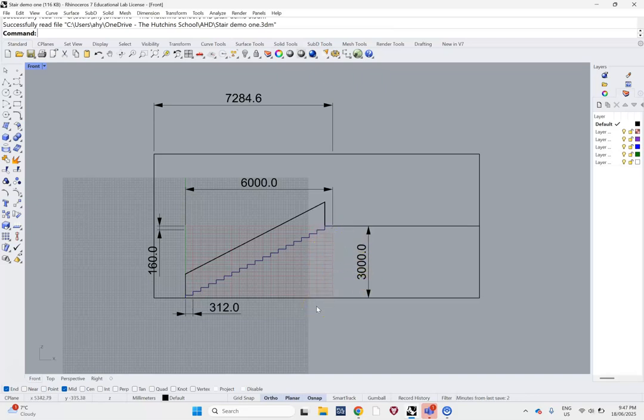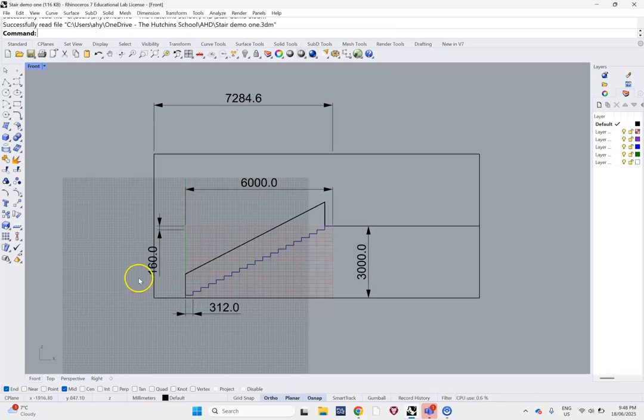Well, I had to come up with a figure first, hence this figure over here of 160 millimeters. I went on the information that the average range of rise heights goes from about 150 up to about 190. So I thought, well, I want somewhere in between. I want a comfortable height for this domestic dwelling.